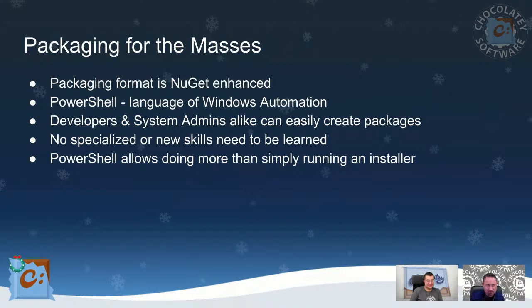I don't like that term, but yeah, there's Gary telling me it's wrong. Now, because we've taken the NuGet packaging format and we've actually enhanced it to work much better with machine packaging.